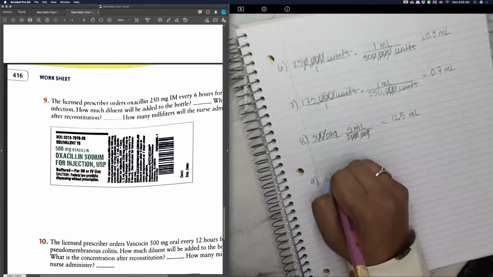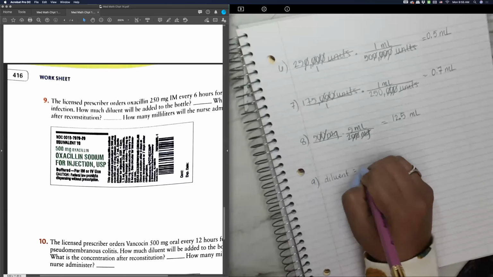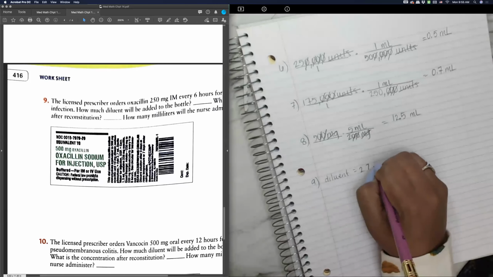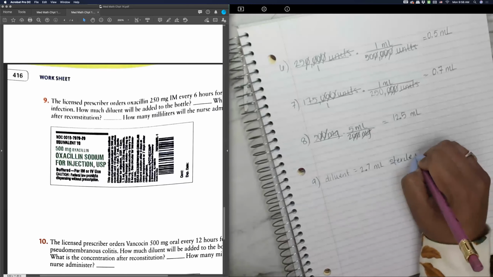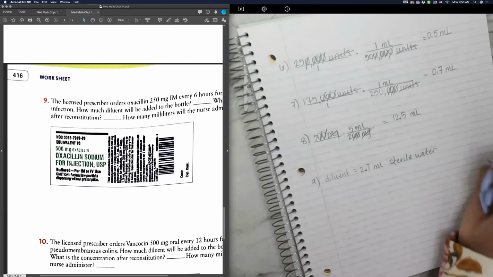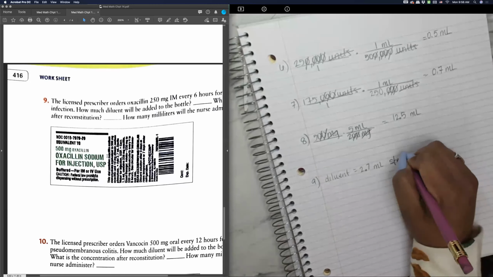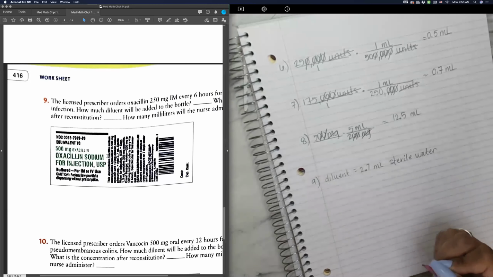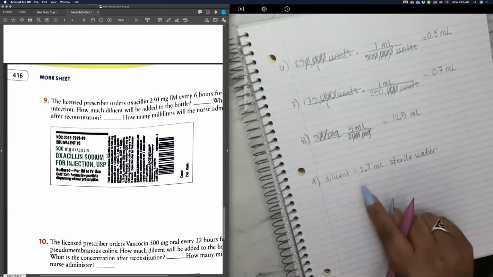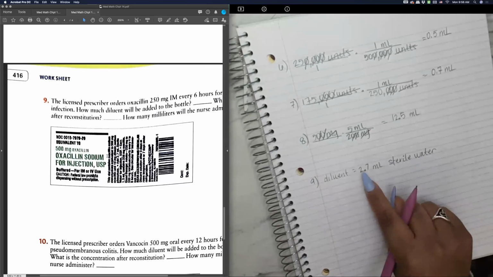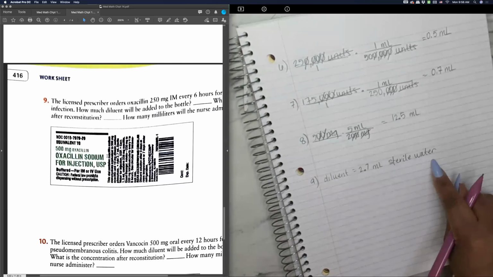So the diluent is 2.7 milliliters sterile water. All of our previous examples have just said water. They weren't specifying sterile water. So when it does specify that, you also need to identify that information. It's 2.7 milliliters of sterile water.